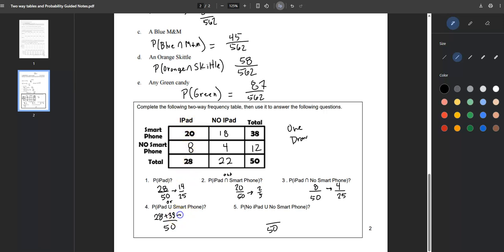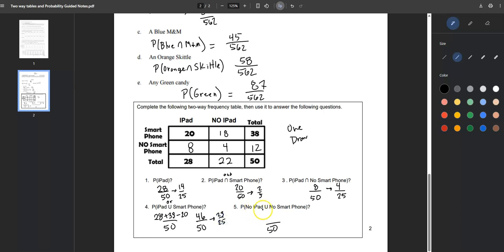So I need to minus out the 20 that I have there because I don't want to double count for that. Okay? Hopefully, again, that makes sense. So add the two totals and minus out the intersection. So this would be 46 out of 50. Okay?